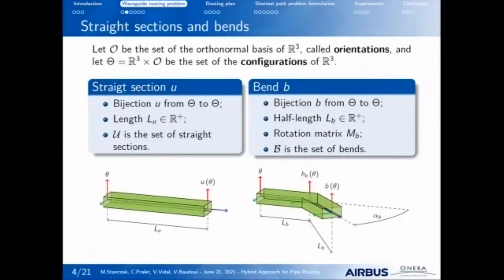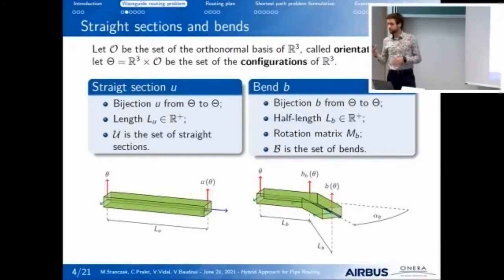A straight section translates the configuration along the z-axis of the orientation with a given length. And for the bend, three transformations are applied: first a translation with a given length, then a rotation, and then the same translation as the first one.